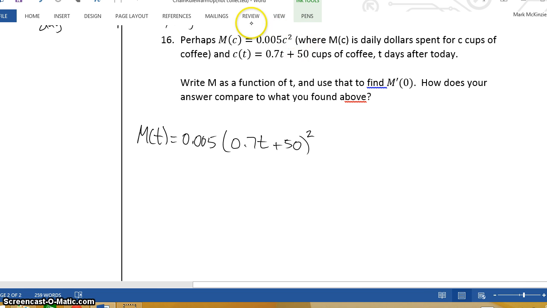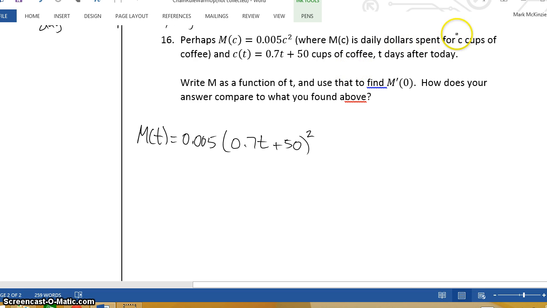Even better, if we take the derivative of M, we could verify that the derivative is 0.01 times C, and when C is equal to 50, the derivative of M would be equal to 0.01 times 50, which is 50 cents. So our costs currently would be increasing at 50 cents per day.